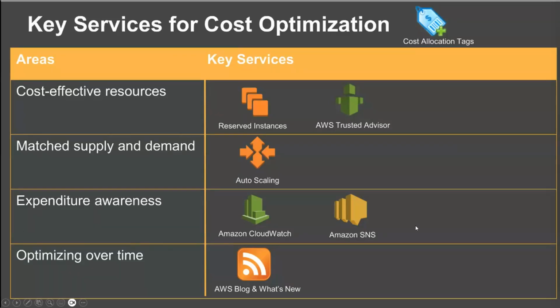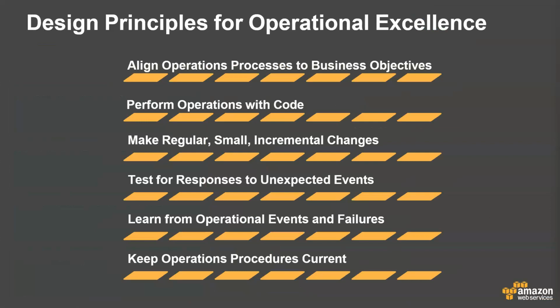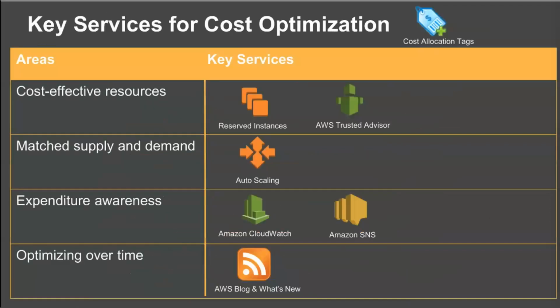So, of course, we do have other services such as AWS Budgets, Cost Explorer, and all that. And then definitely you will need to keep learning through AWS blogs and other relevant information. So that was cost optimization.